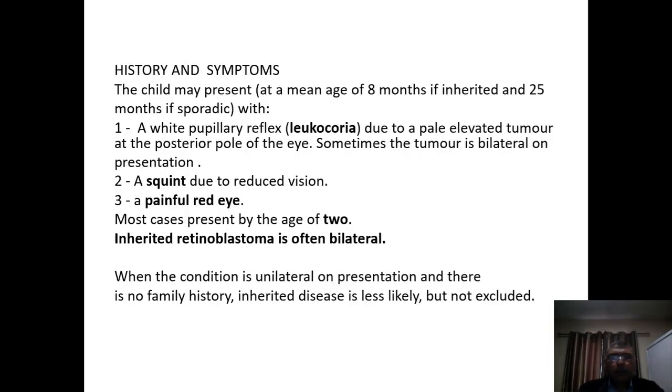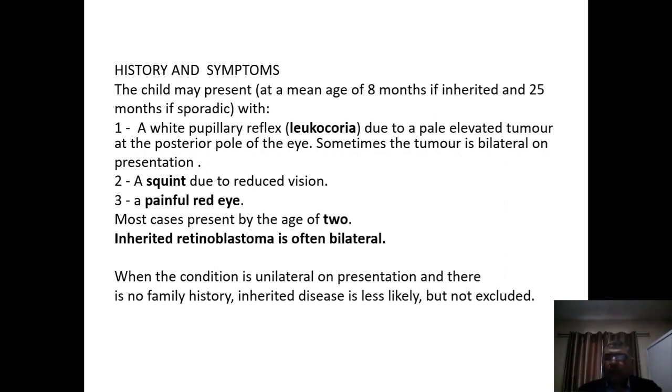What are the history and symptoms of a child with retinoblastoma? Usually these children are affected around the age of 8 months. From birth to 25 months we may also see sporadic cases. Usually they present with leukocoria, which is whitish discoloration of the pupil.